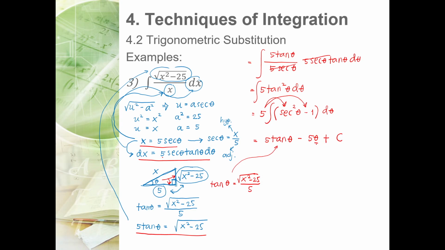So how about the theta? Where do we get theta? Since we don't know the particular trig function for theta, the safe method is to go back to the formula, which is this one.